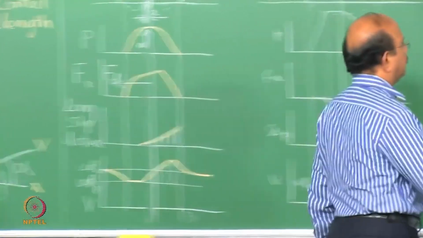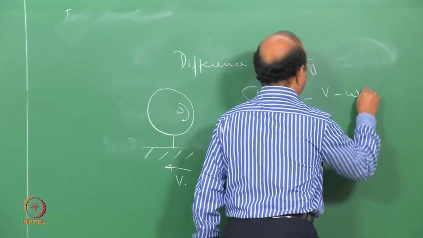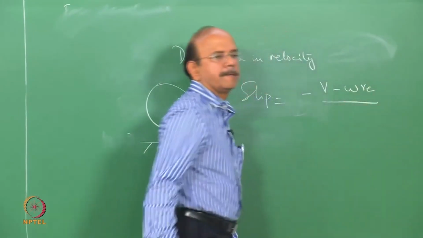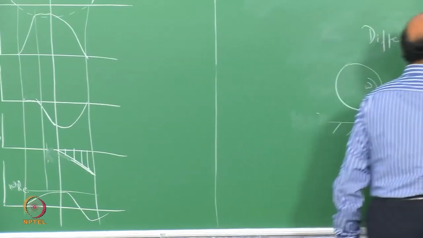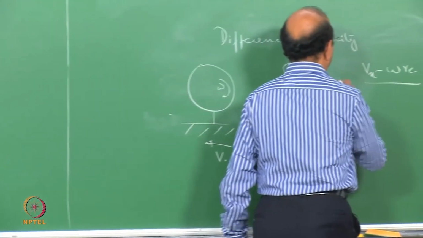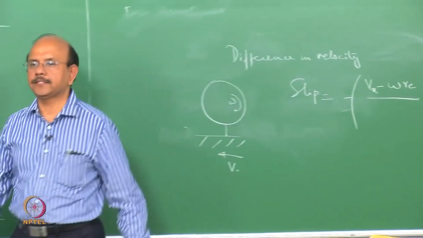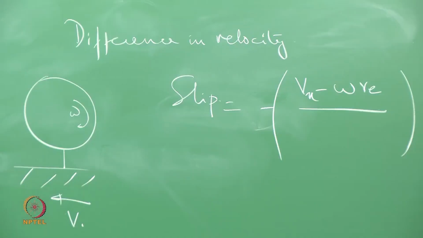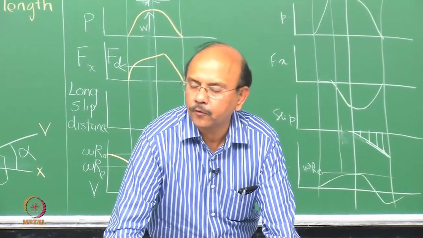So we can define the slip to be, let me define it. The first quantity that's of interest is Vx, and you'll see why we have put a minus there: Vx minus omega Re. That is the difference, and that's what causes the deformation, and hence the force.